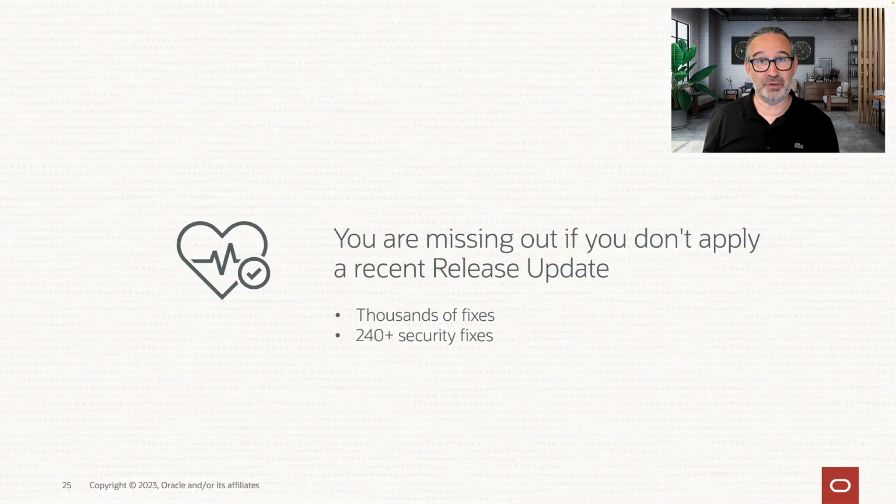If you don't do so, you miss thousands of fixes. And very important, not only in these days, but I think we have always to talk about that, you miss the security fixes. And there are more than 240 security fixes in 2019. So you really must make sure that you take the most recent release update.